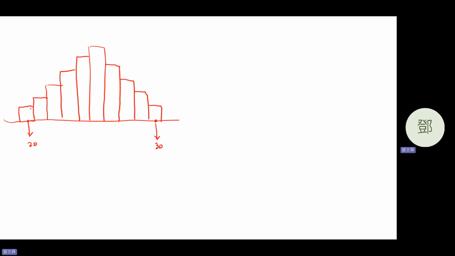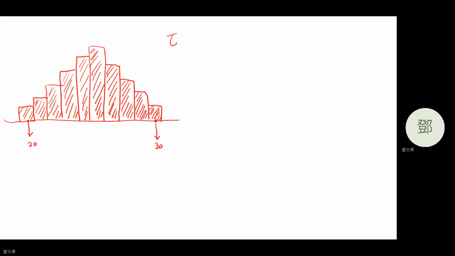And now, this is the exact binomial probability.